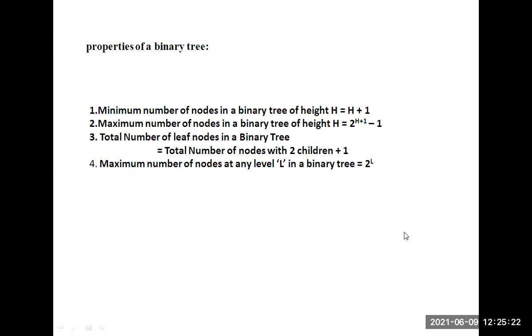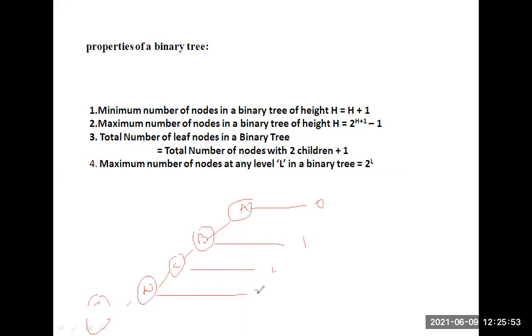For example, I am constructing one tree for property 1. Here A is there, then B and C, then D, then E. What is the height of the tree here? This level is 0, this level 1, this level 2, this level 3, and this level 4.